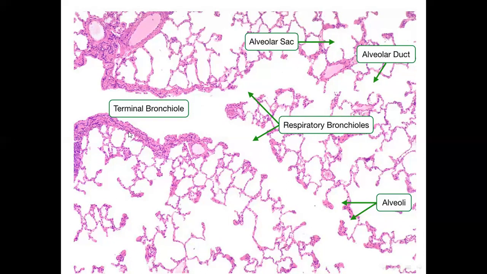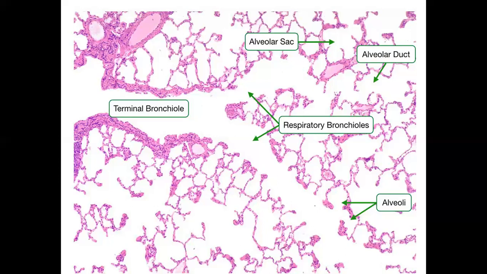Then what else can we find? Elastic fibers that radiate from the adventitia and bind with those radiating from other members of the bronchial tree.